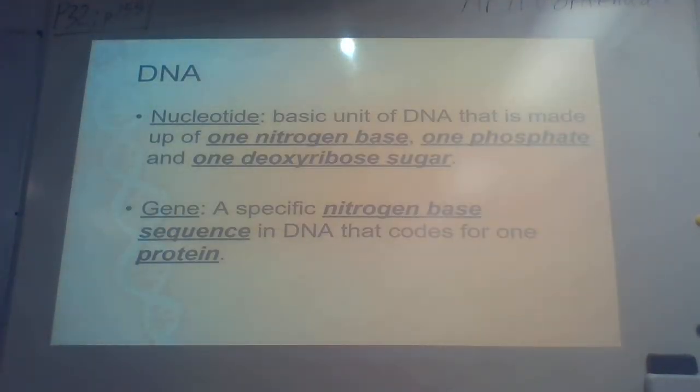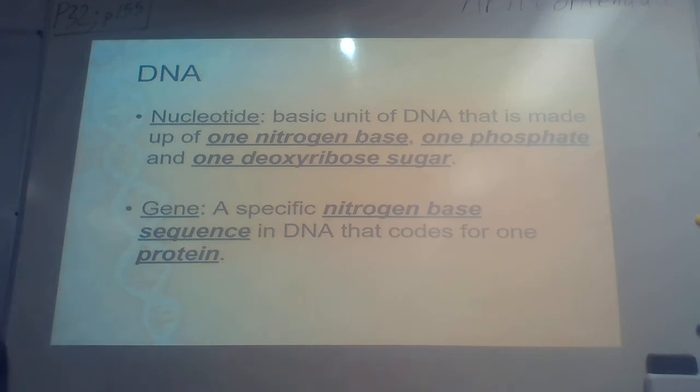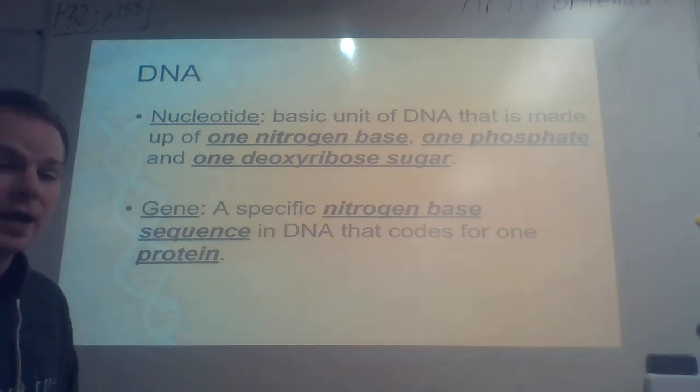So nucleotide, a little bit of a throwback for you, back to nucleic acids. Nucleotide is the base unit of DNA, made up of one base, one phosphate, and one deoxyribose sugar. A gene is the information contained in DNA.